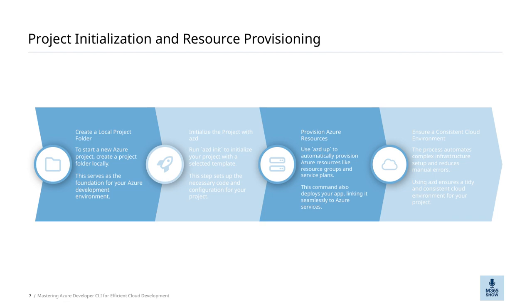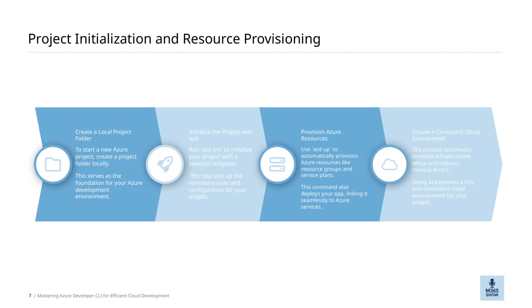To do this, we start by running the asd up command. This command automatically provisions all the necessary Azure resources, such as resource groups and service plans. It also handles deploying your application and linking it seamlessly to the Azure services you need, so you don't have to set everything up manually.